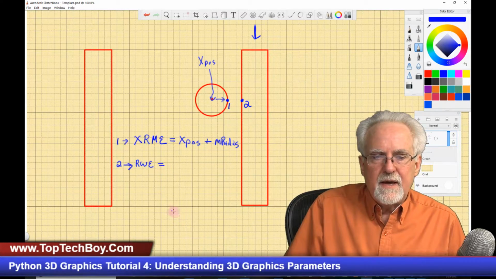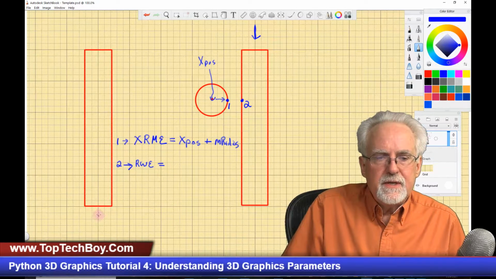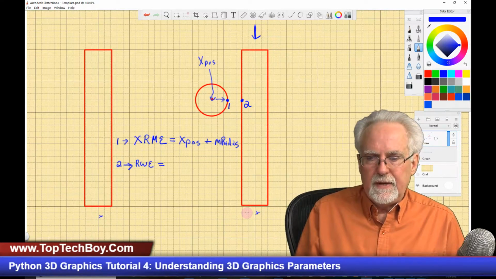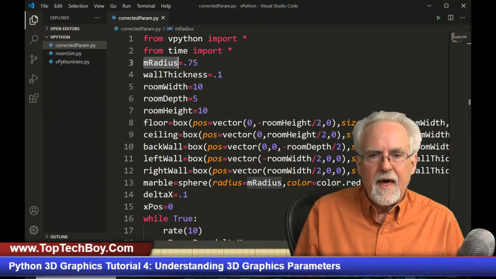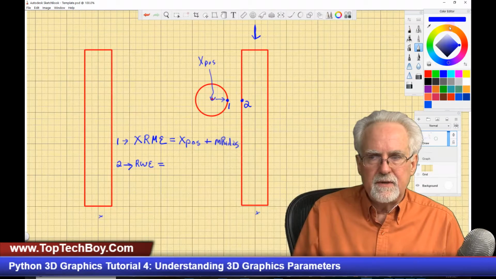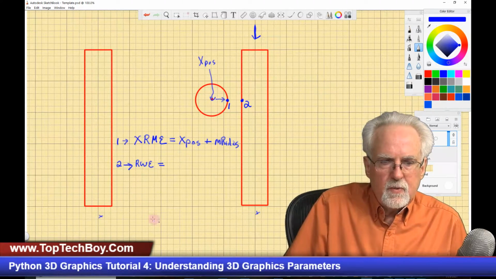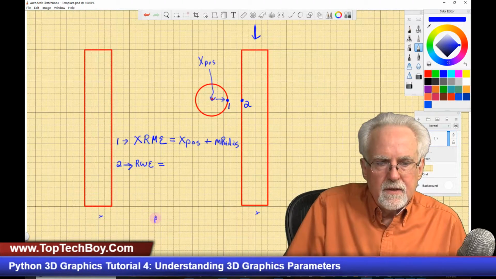Now what is that going to be? Well, the distance between here and here, the distance between there and there is, what is our parameter? That would be room width. So the room width is the distance between the centers. And so the distance between there and there is room width.